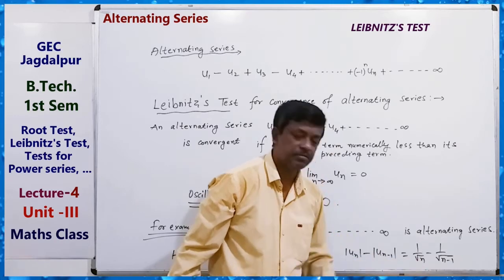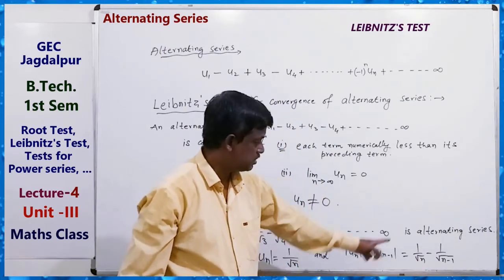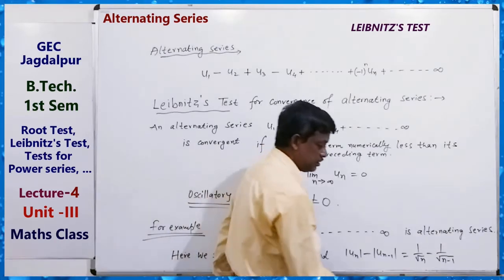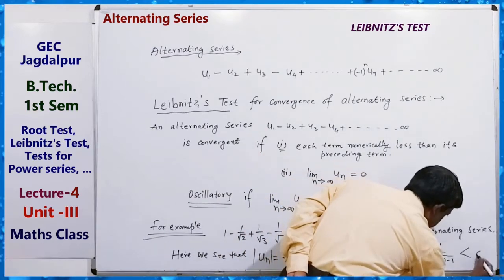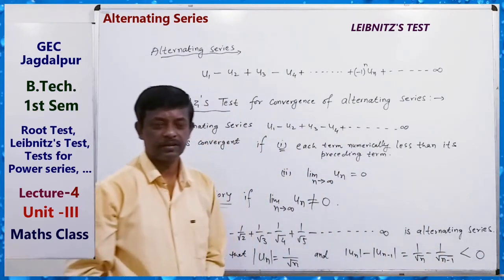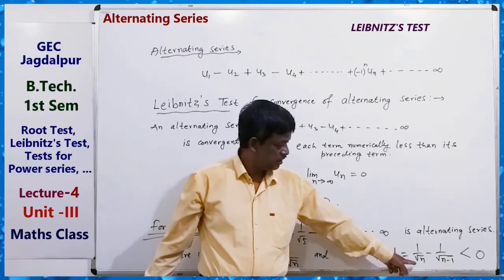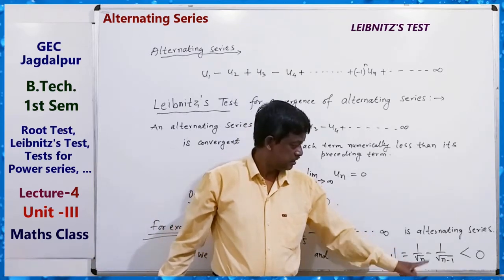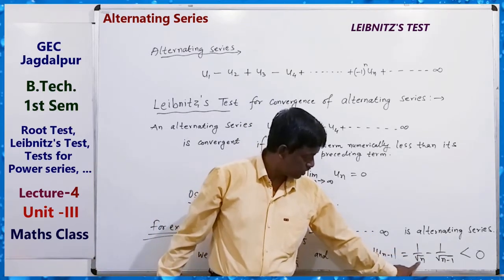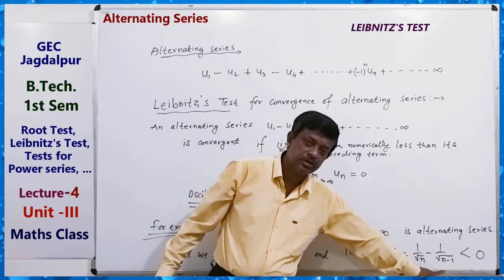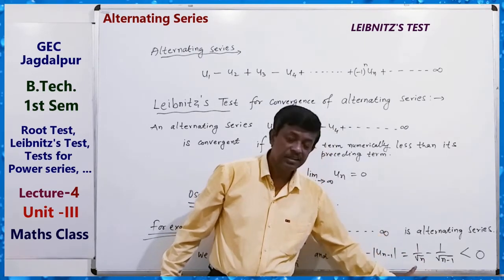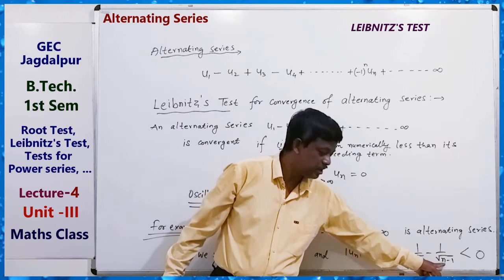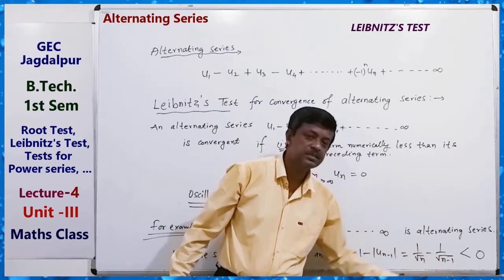So this difference is negative, less than 0, because root n is greater than root (n-1), so 1 by root n is less than 1 by root (n-1).